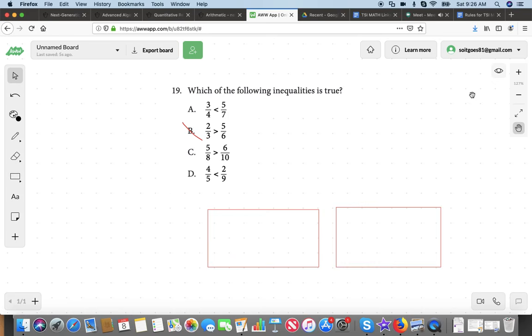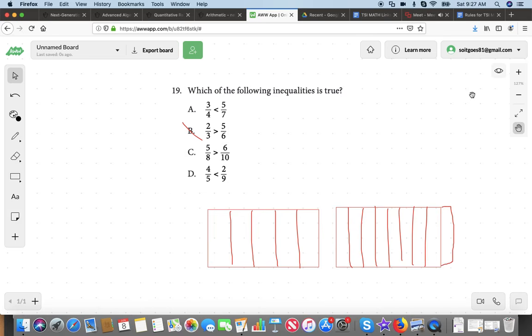I'll split it into 5 parts. 1, 2, 3, 4, 5, and then 2/9. That's going to be tricky, but we'll get it. 1, 2, 3, 4, 5, 6, 7, 8. I'll just make it L there. That'll work. And then go ahead and shade in that 4/5.